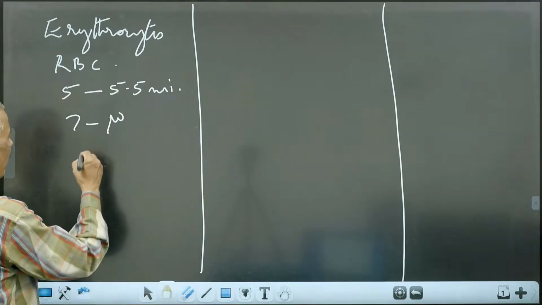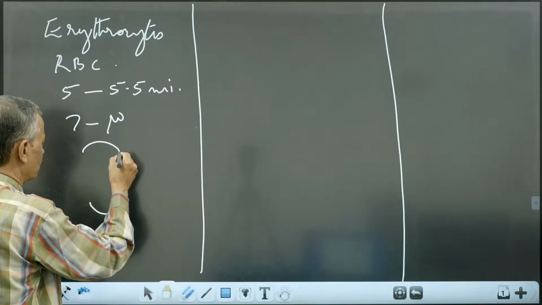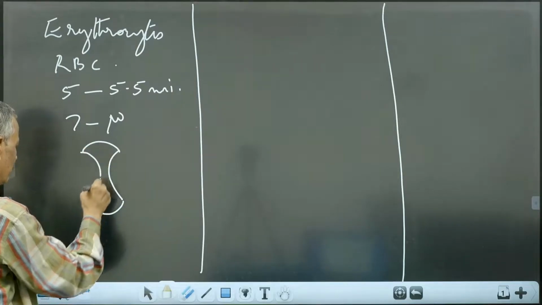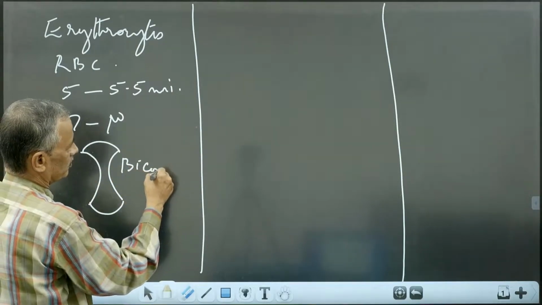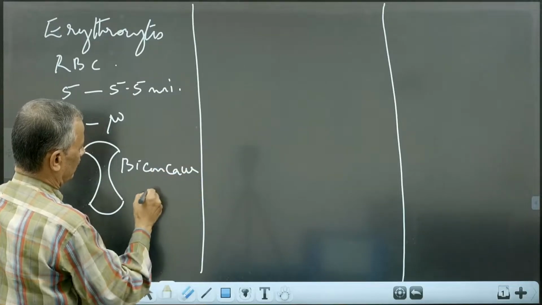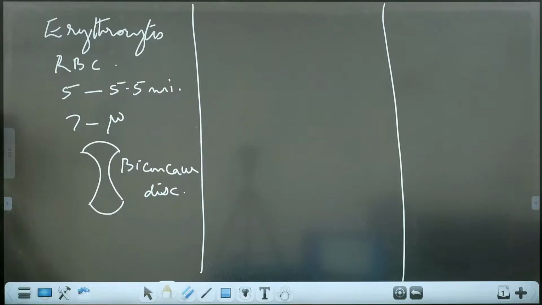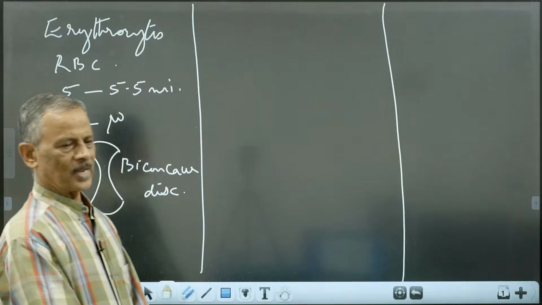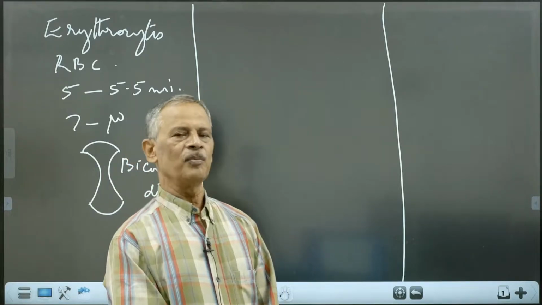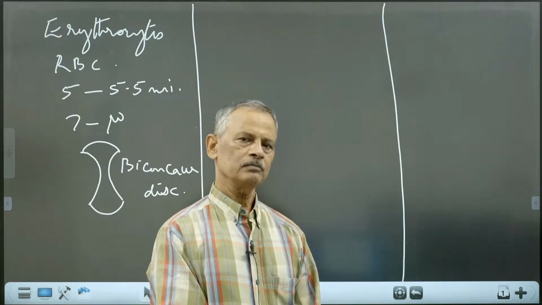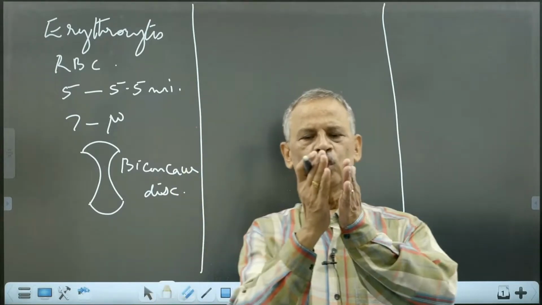And they are all having biconcave disc-like shape. An immature RBC will be having nucleus and will be having no color. But when it becomes mature, the nucleus is removed.